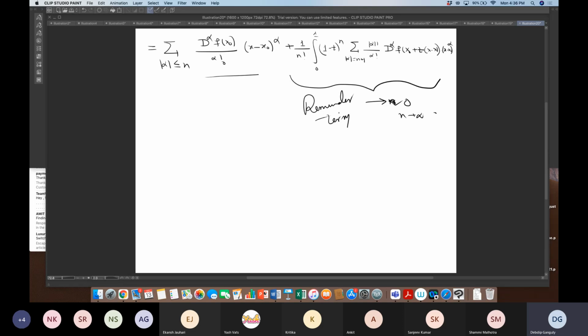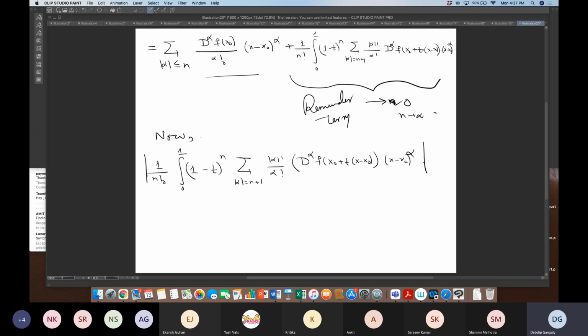Clear? Now for that we have to see that 1 by n factorial, integral 0 to 1, (1 minus t) to the power n, summation over mod alpha equal to n plus 1, mod alpha factorial by alpha factorial, d alpha f of x naught plus t of x minus x naught, dot x minus x naught to the power alpha.